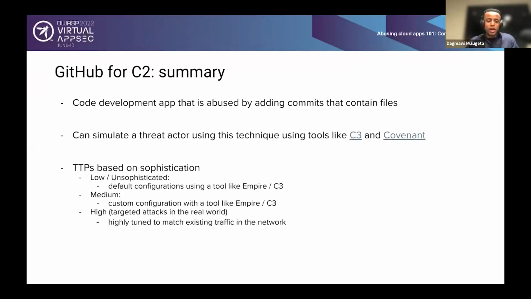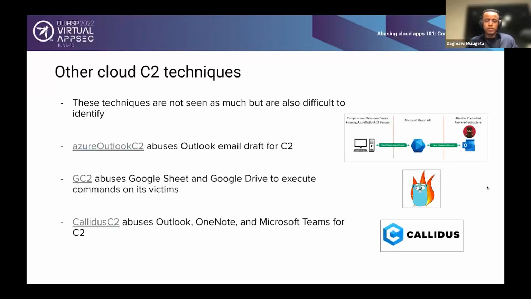And if you want to model a highly sophisticated threat actor, a targeted attack in the real world, then you might go ahead and really tune the existing traffic to match what's in the network. So maybe tunnel your commands through the development department instead of the HR department. That way, the likelihood of them using GitHub is higher. There's a high likelihood.